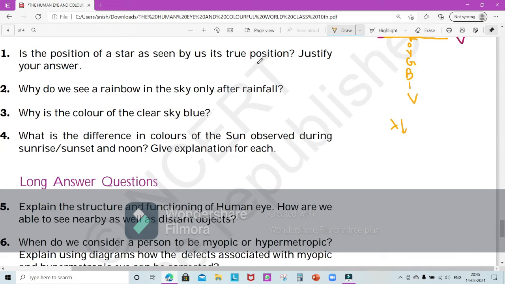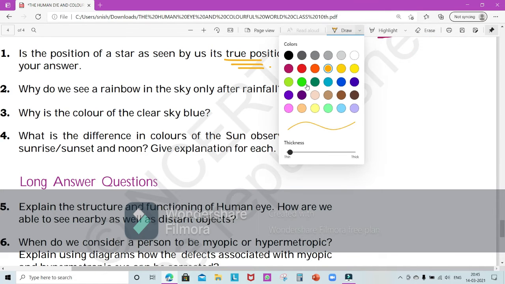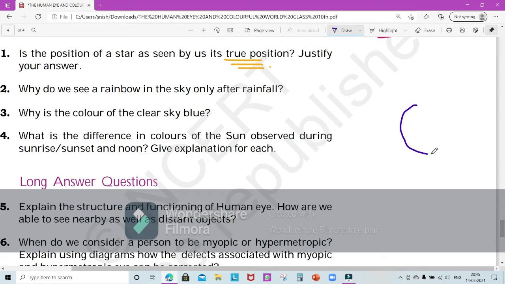Next. Is the position of a star seen by us its true position, or are we being tricked? We are being tricked over here. Let's see how. Before that, let's clear some space over here. This is our Earth.